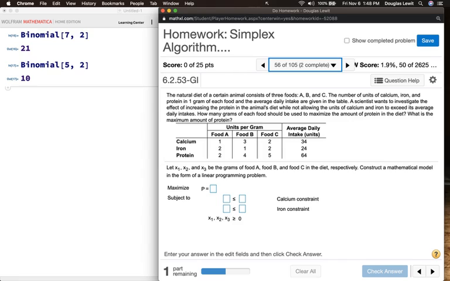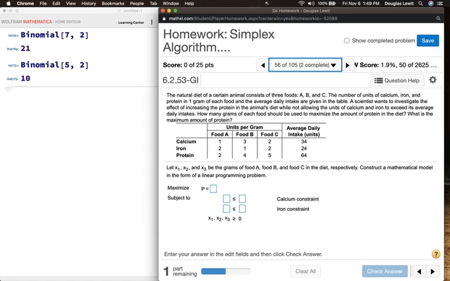This is a maximization problem because, well, number one, here's the word maximize, and that's a big hint. Number two, I want to maximize what? I want to maximize the protein in the animal's diet.